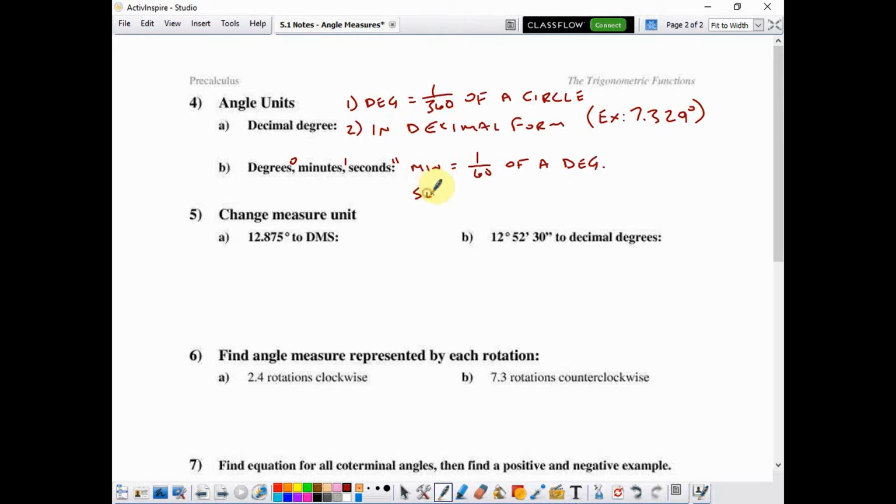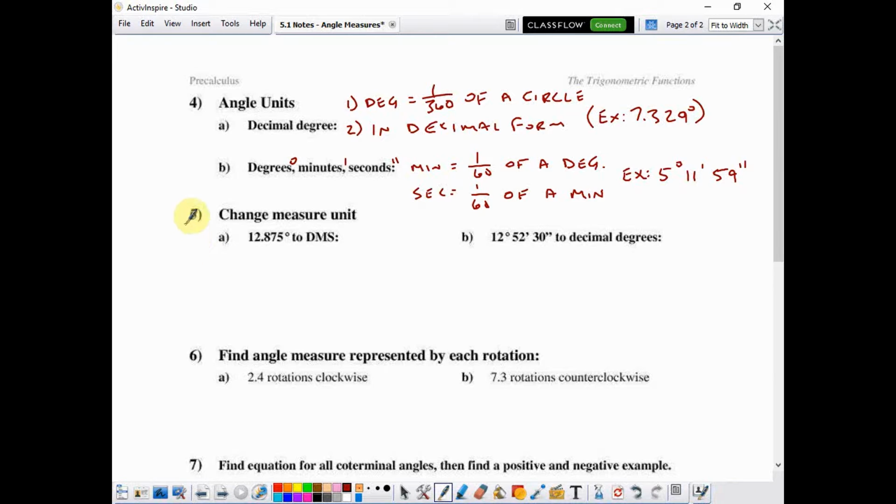A second is 1/60th of a minute. In degrees, minutes, seconds, you might have something like 5 degrees, 11 minutes, 59 seconds. You can have decimals here in the seconds, but you'll never have decimals in the degrees and minutes.